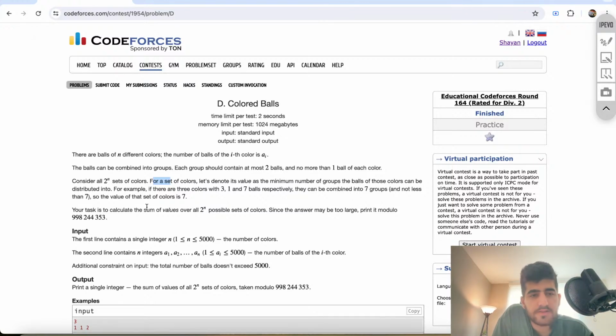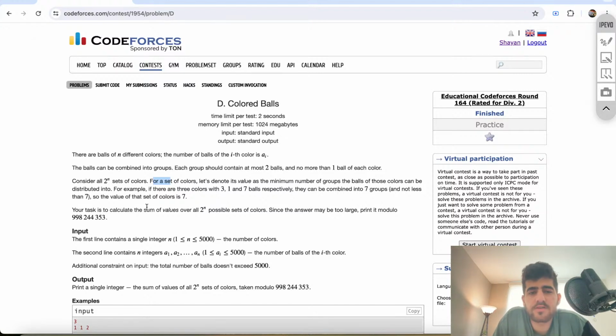Well, I think I have some problem reading aloud and understanding the problem at the same time. For a set of colors, let's denote its value as the minimum number of groups the balls of those colors can be distributed into.